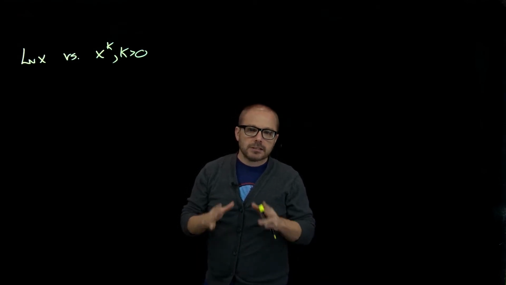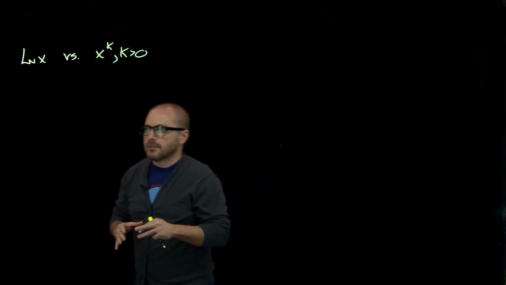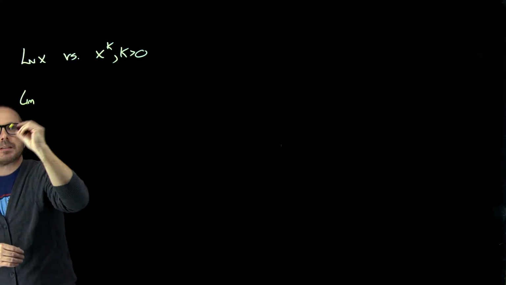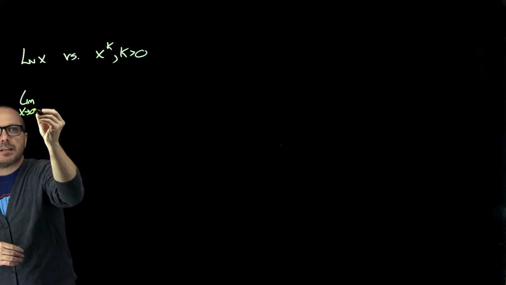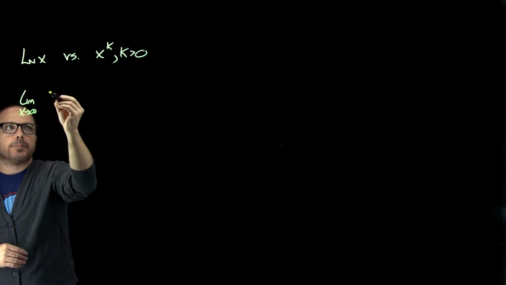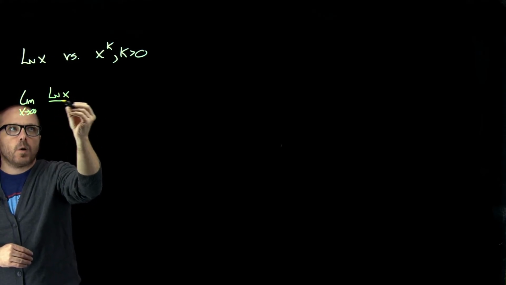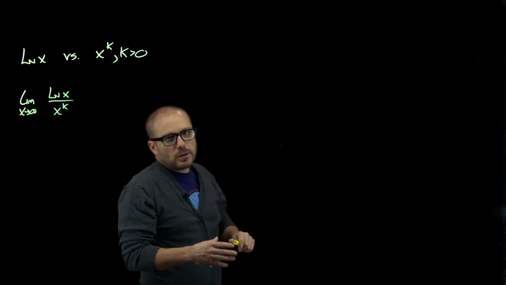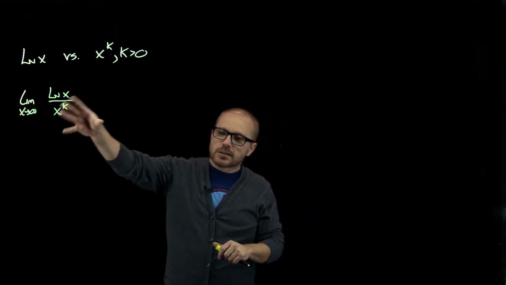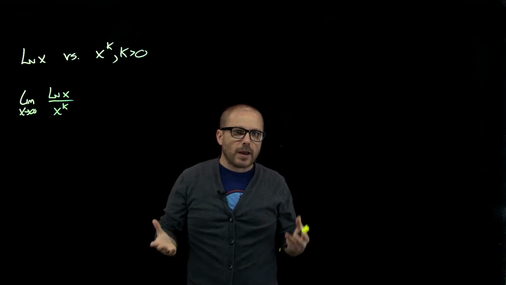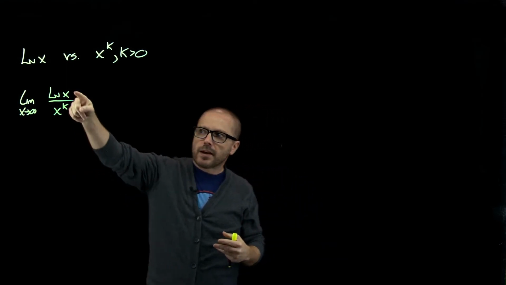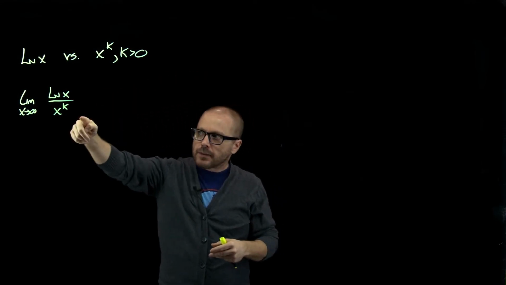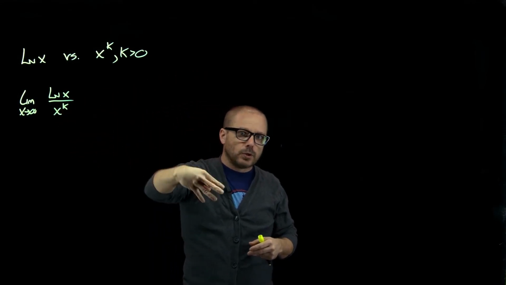So first of all, let's look at how they compare out at infinity by taking the limit. So let's look at the limit as x goes to infinity of natural log of x over x to the k. Remember when we were doing L'Hopital's rule, I said that this is a way that you can talk about the rates of growth. If the thing on top grows faster, this is going to take off to infinity. If the thing on bottom grows faster, this is going to pull down to 0.